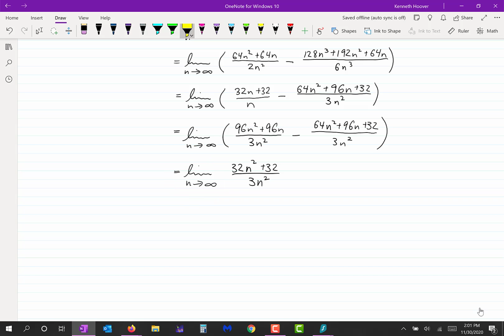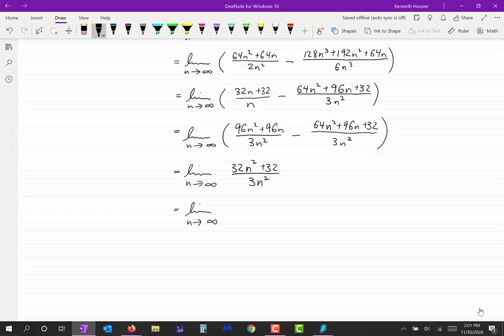But look at what we have here. This is an easy limit, isn't it? It's really easy. You know how to do this already. We've already covered it. The top is degree 2. The bottom is degree 2. So the answer will be right here, 32/3.